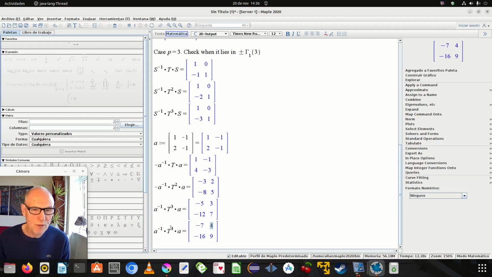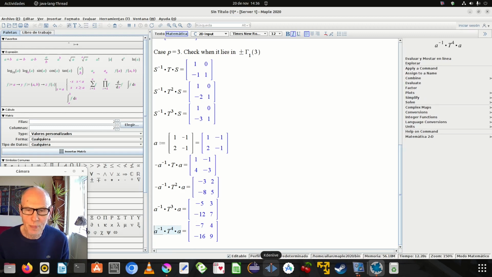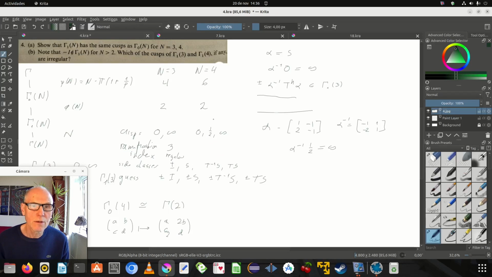So it has ramification index 4, and it's with a plus sign. So we have ramification index 4, and it's regular as well. I believe that finishes the problem, or solves the problem, and I'm ready for a cup of coffee.